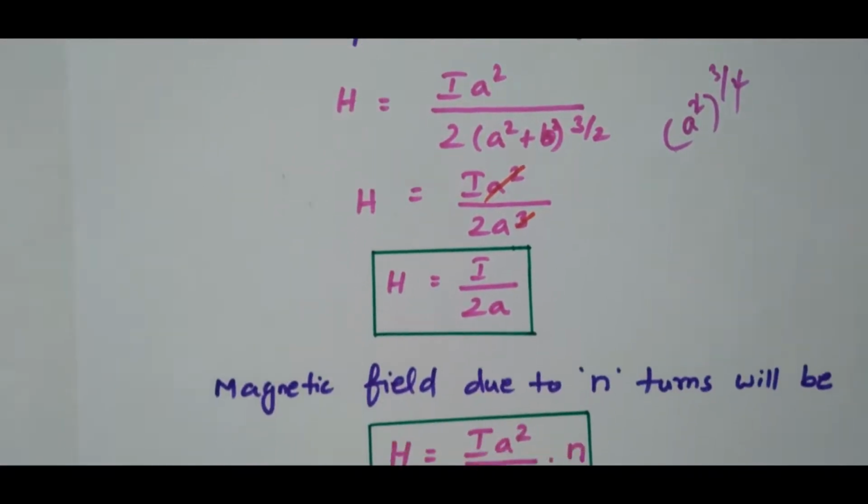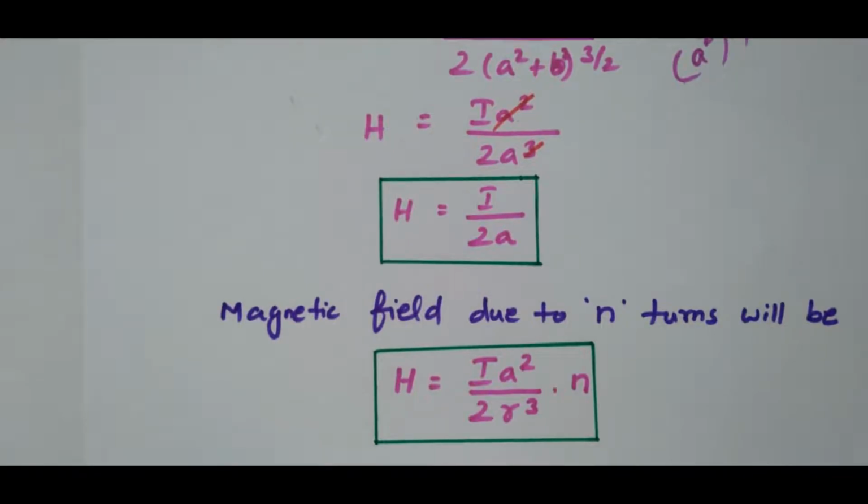Suppose n number of turns are available. Then you have to multiply by the number of turns: H equals IA square divided by 2R cube into n. That is due to n number of coils. Here we have only one circular current loop; if n loops are available, multiply by n.